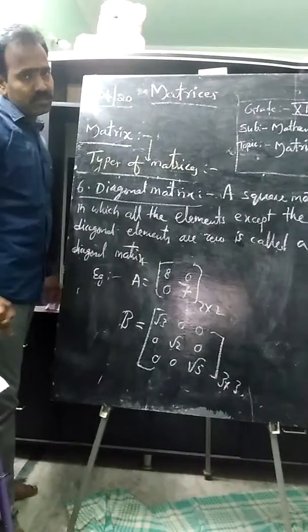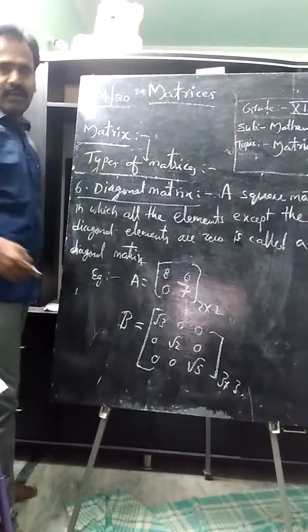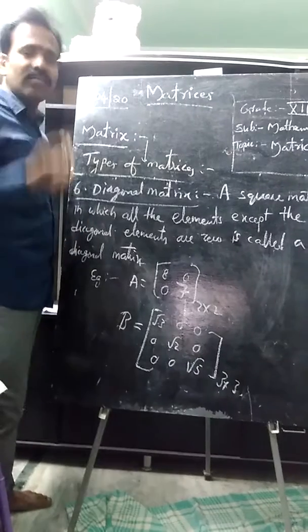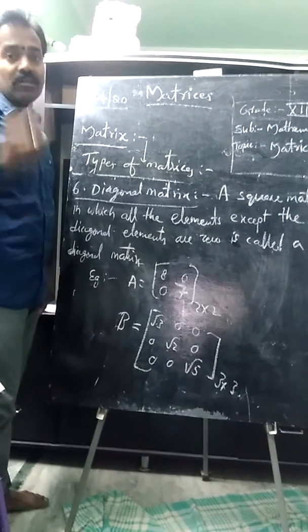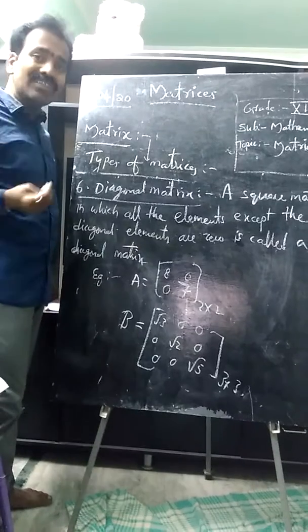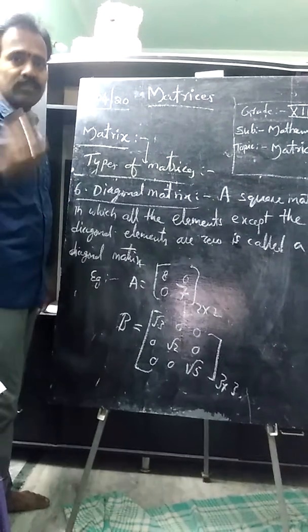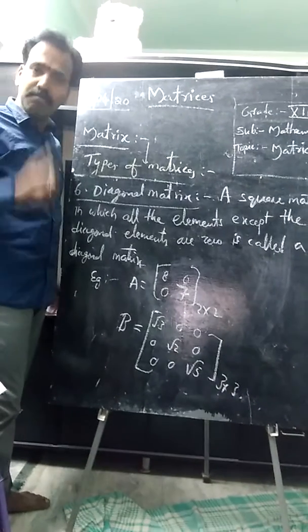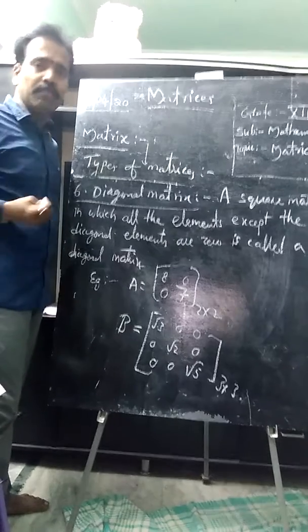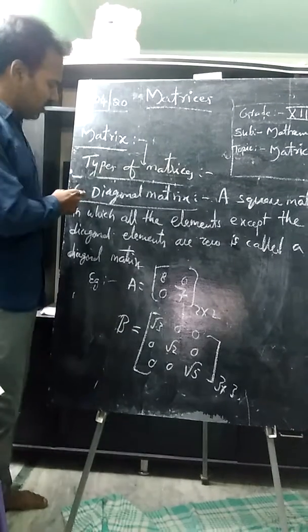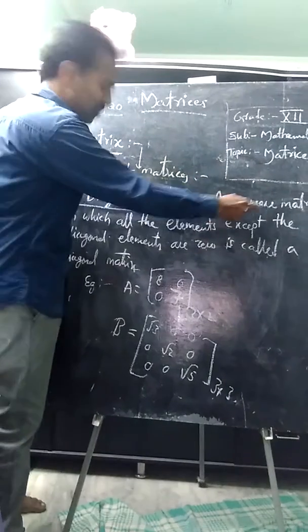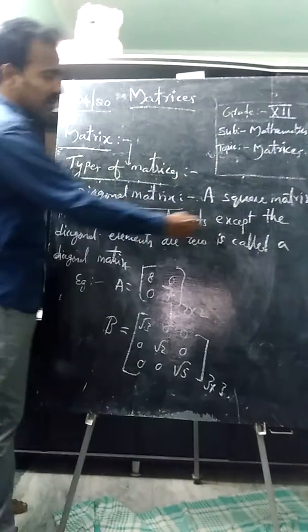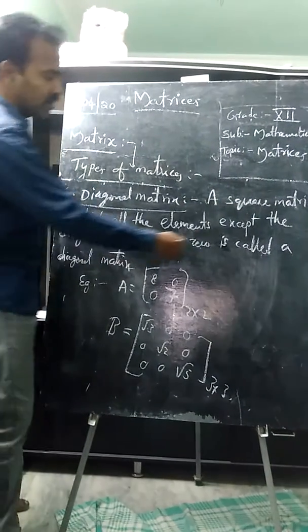You can consider some more square matrices which are diagonal matrices. Again, I am repeating, as we discussed yesterday, you learned about definition of matrix, order of matrix, and the types of matrix: row matrix, column matrix, zero matrix, square matrix, rectangular matrix. And today you are learning about diagonal matrix, that is a square matrix in which all the elements except the diagonal elements are zeros.